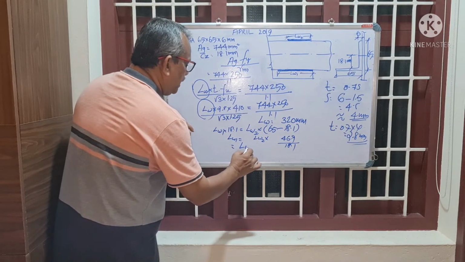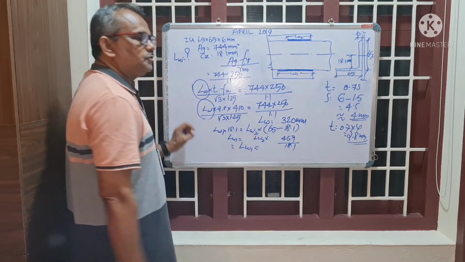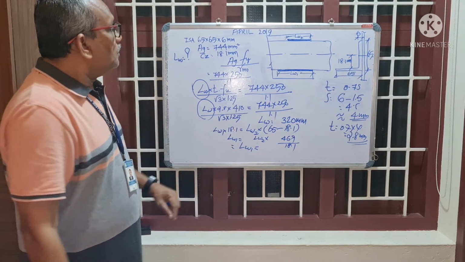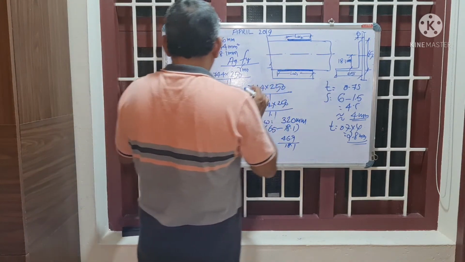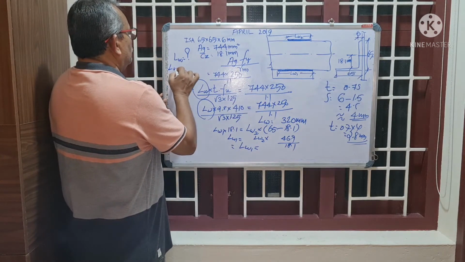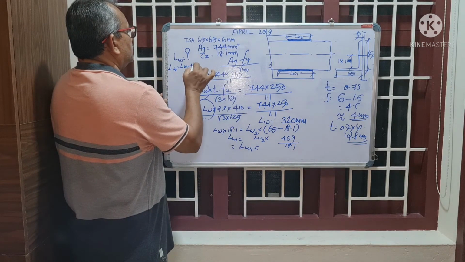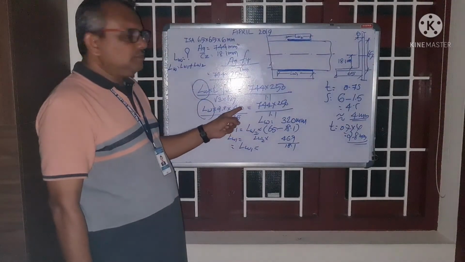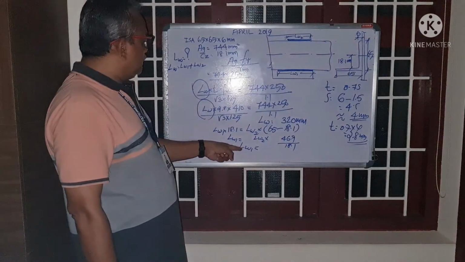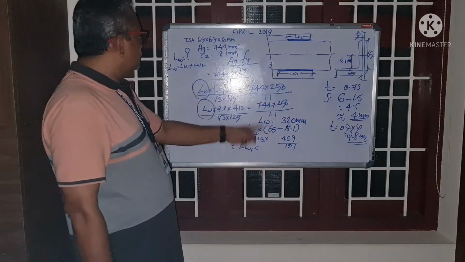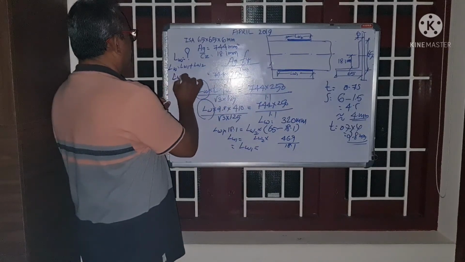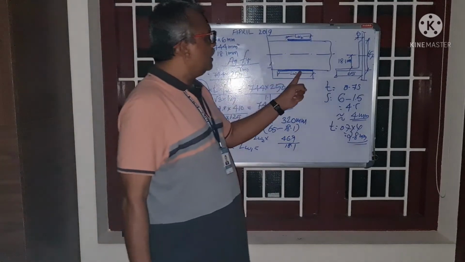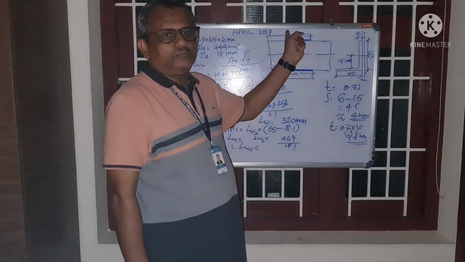So you will get LW1 in terms of LW2. What is the total value? Now we can equate LW equal to LW1 plus LW2, substituting LW1 in terms of LW2, so that you can find out both LW1 and LW2 separately. That is LW1 here and LW2.